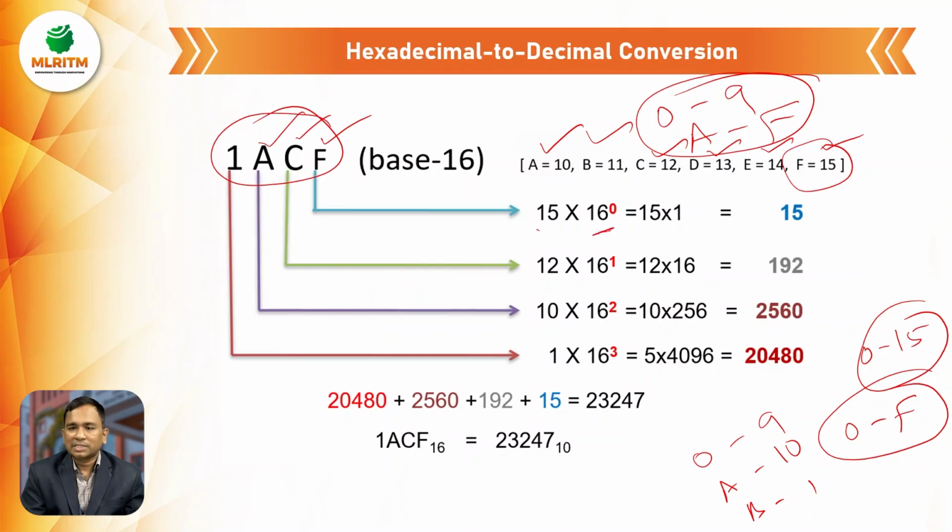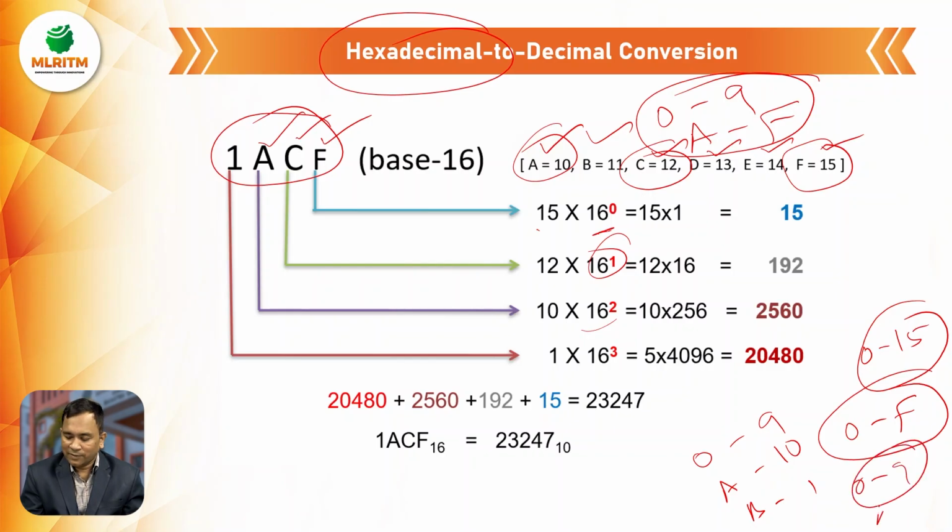So based on that, F indicates 15: 15 into 16 power 0. So why am I taking 16? Because my input is in hexadecimal. C means the value is 12: 12 into 16 power 1. A indicates the value is 10: 10 into 16 power 2. And finally, 1 we don't need to convert, because the values from 0 to 9 are taken as they are; only for A to F am I taking the extra values.